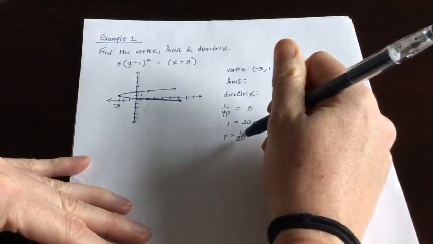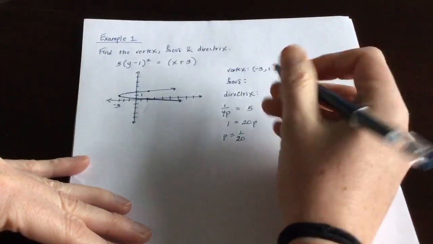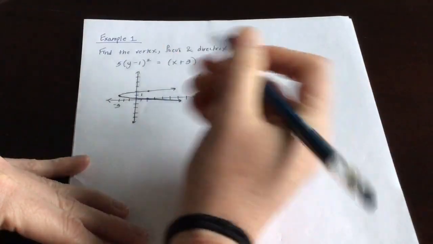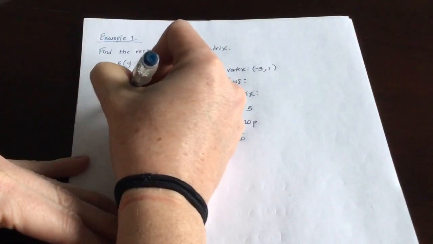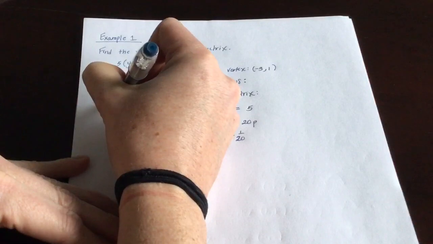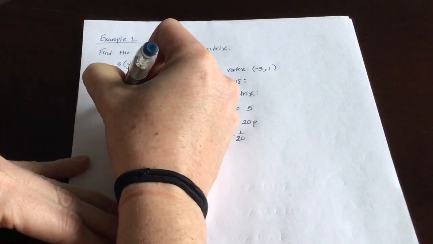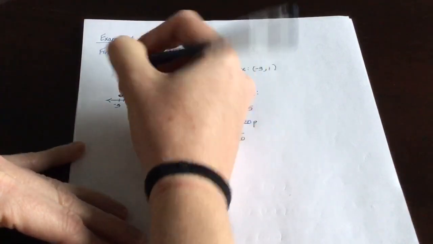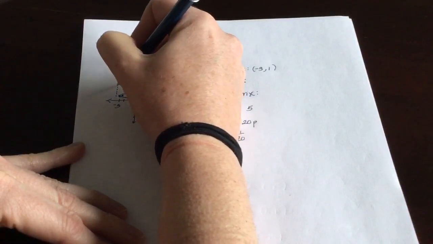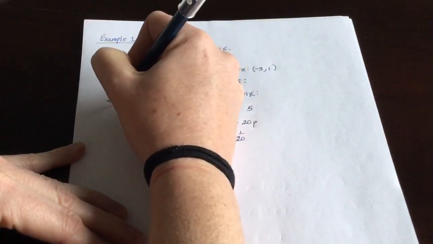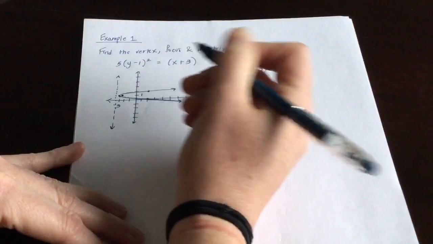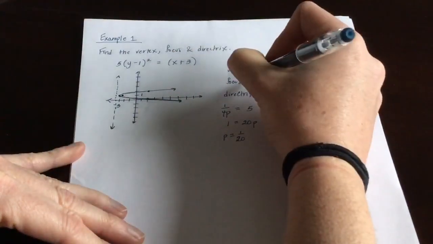So remember what p means. The absolute value of p is the distance from your vertex to your focus. So that means that if you go inside the parabola 1/20th of a unit, which I know that this is more than 1/20th of a unit, or if you go back 1/20th of a unit, you'd have the directrix. So where would the focus be?